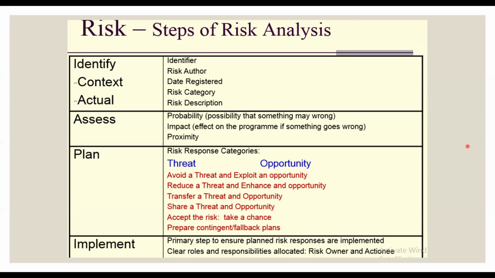The first step in risk management is about identifying the context, right? Now, the document that you prepare while identifying the context is the risk management strategy or risk management plan. Now, what is a risk management plan?